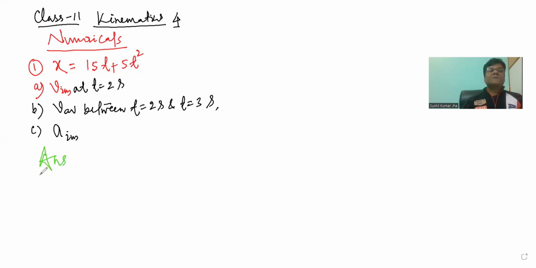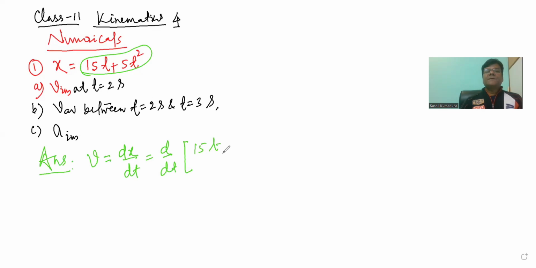Now, let's see the answer. In the equation given, x is in meter, which is displacement, and t is time in second. So first we are told to find v instantaneous. When we talk about velocity in general, we write in calculus dx upon dt, and in place of x we'll be putting this whole equation, which is 15t plus 5t square, bracket close.